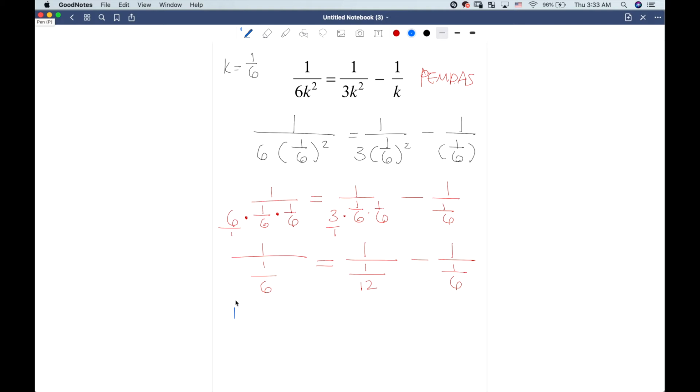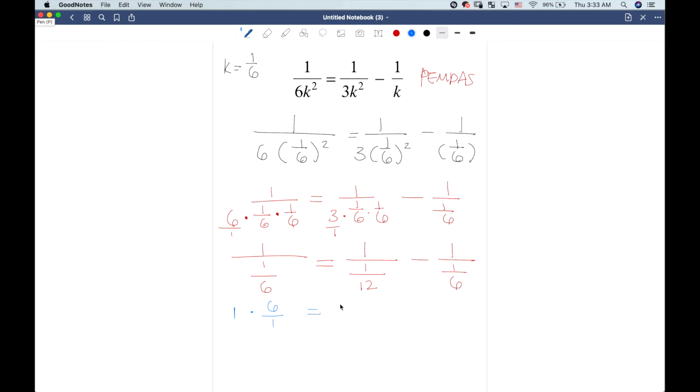So 1, instead of division, we're going to do multiplication. And you take the reciprocal of this fraction. Reciprocal just means flip the fraction over. Doesn't mean you change sign, you just flip the fraction over. So instead of 1 over 6, it becomes 6 over 1.